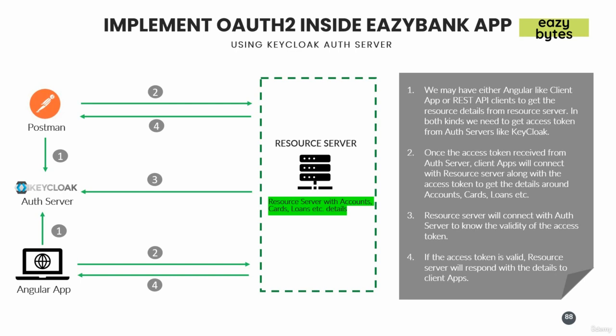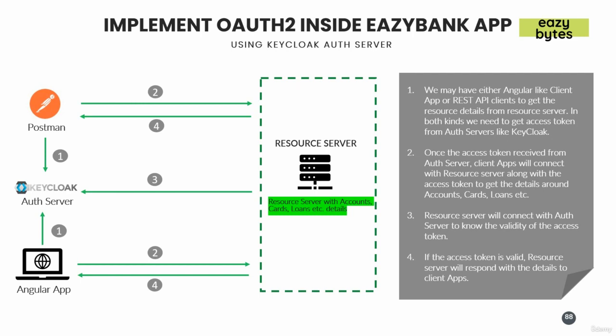Let me explain what kind of changes we are going to make inside our EazyBank application in order to incorporate the OAuth2 framework using KeyCloak. Firstly, I will have a resource server which will strictly have REST APIs exposed in order to get data regarding accounts, cards, loans, and other details.